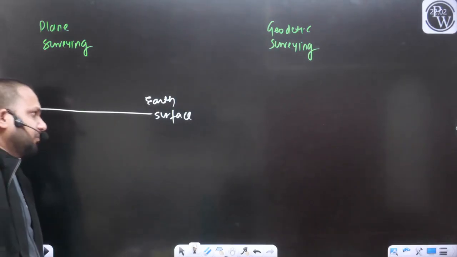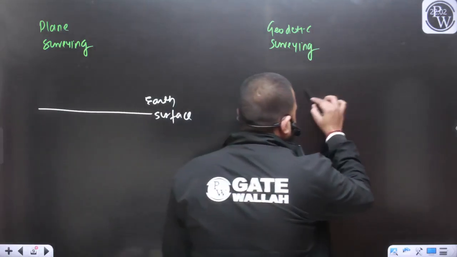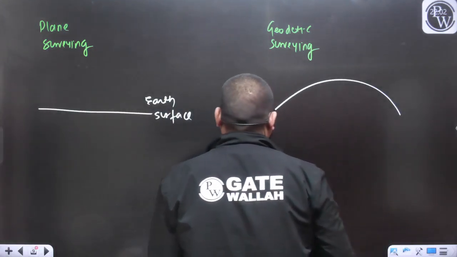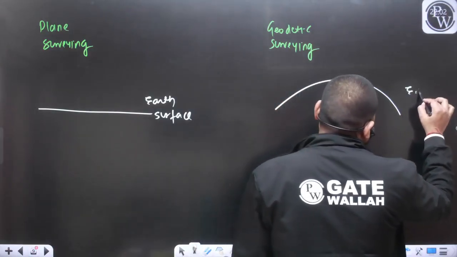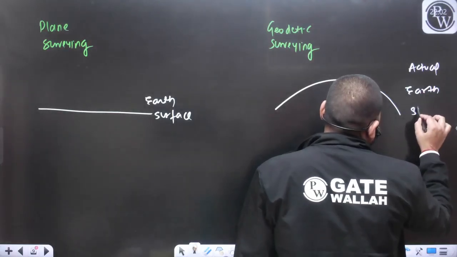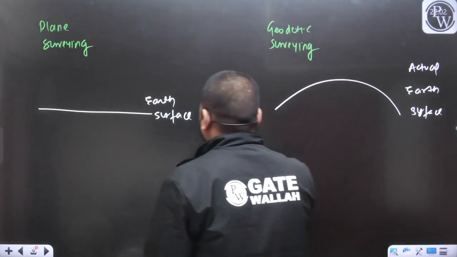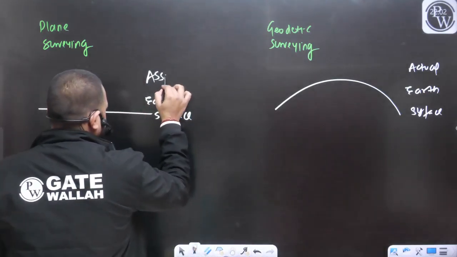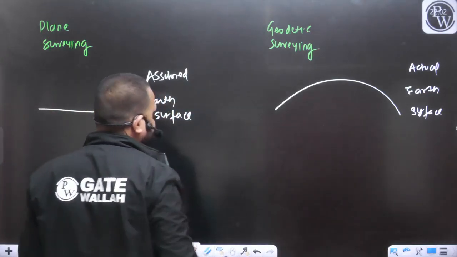And in the case of geodetic survey, we have considered the effect of the curvature of the earth. So this is your actual earth surface, and this is your assumed earth surface.